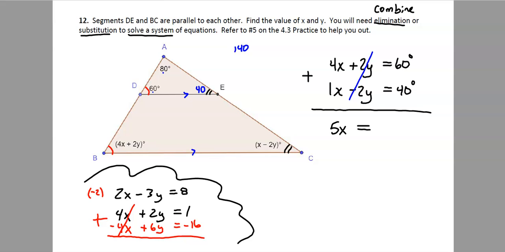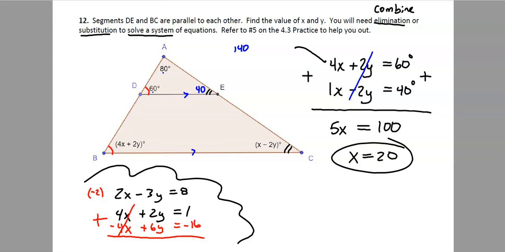So I get 5x equals 100, which means x equals 20. Now, once you get your x, you can go back into either equation, solve for it to get y. Maybe I plop it into this part right here. So instead of 4 times x, I'm going to do 4 times 20 plus 2y is 60.